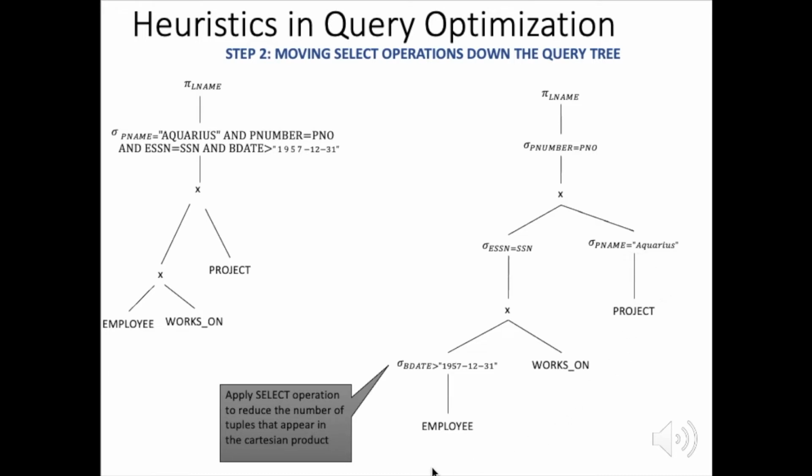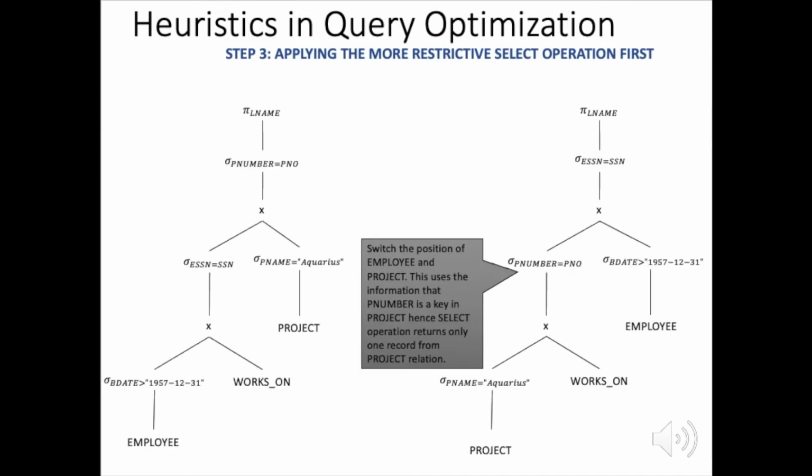And then, we can also do yung select operation for the resulting Cartesian product of these two tables. So mas maliit na yung mga records na umaakyat sa query tree natin if we do step 2.